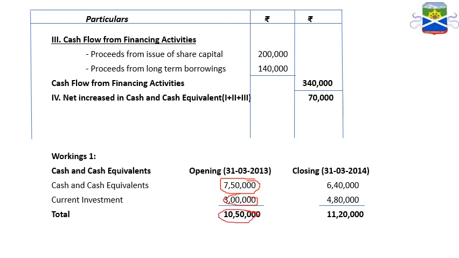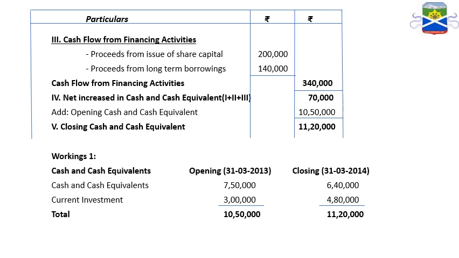In the same way, the closing balance is 6,40,000 and 4,80,000, which is 11,20,000. Now if we add the opening cash balance of 10,50,000 and the 70,000 net increase in cash and cash equivalents, we get 11,20,000 as our closing cash and cash equivalents.